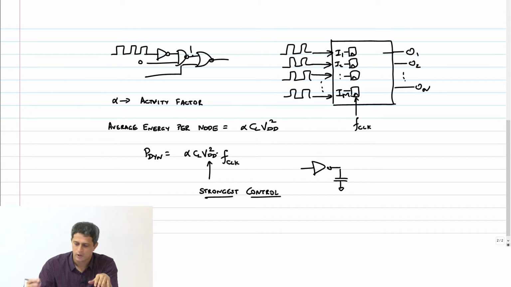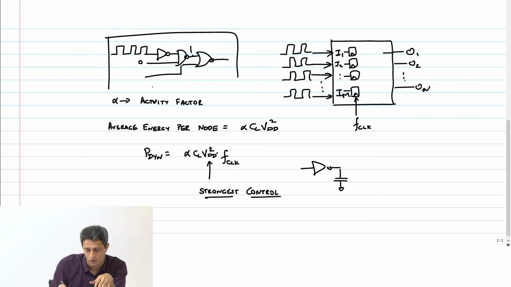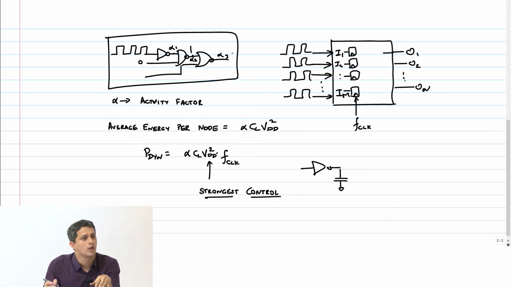So what you have to do is, if I'm given a particular circuit like this here and I want to calculate the total dynamic power, I need to estimate first what is the switching factor of this node, what's the switching factor of this node, what's the switching factor of this node. Then I have to estimate what the total capacitance is on each of these nodes, right?